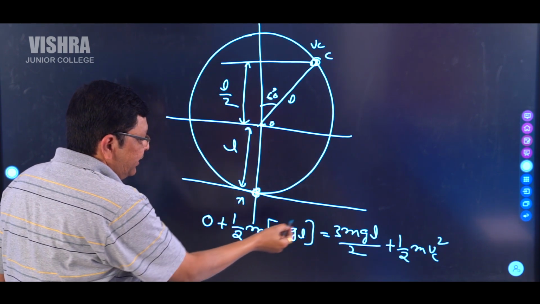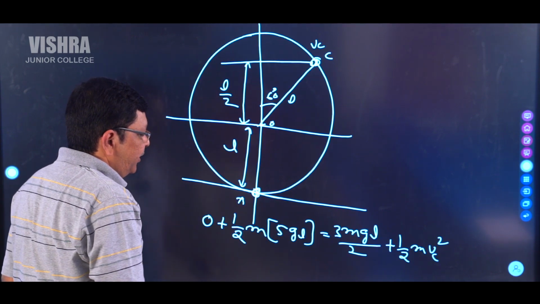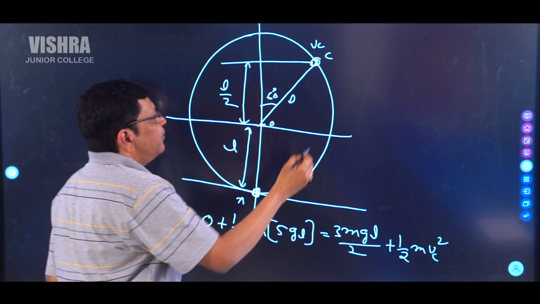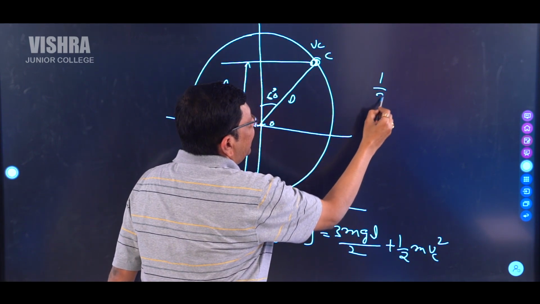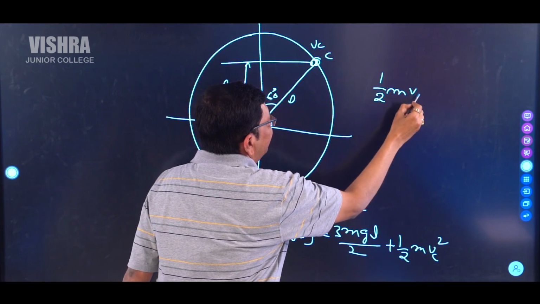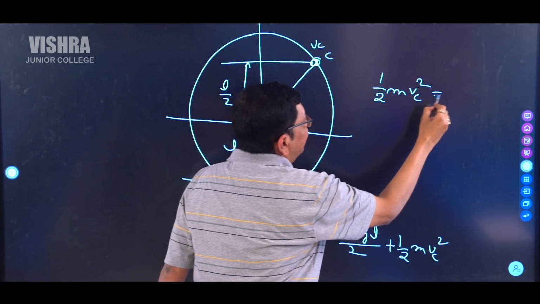Now 5mgL by 2 minus 3mgL by 2 is mgL. So kinetic energy at C, half m V_C square, will be mgL.